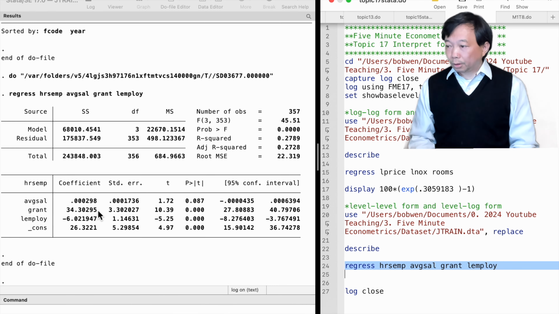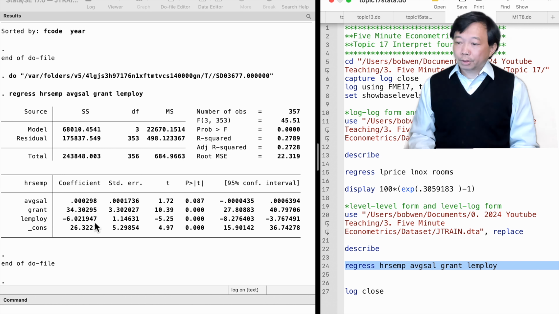In this regression, the third explanatory variable is in the log form. It is the log of the number of employees. It is a measure of the size of the company. The estimate is minus 6.02.